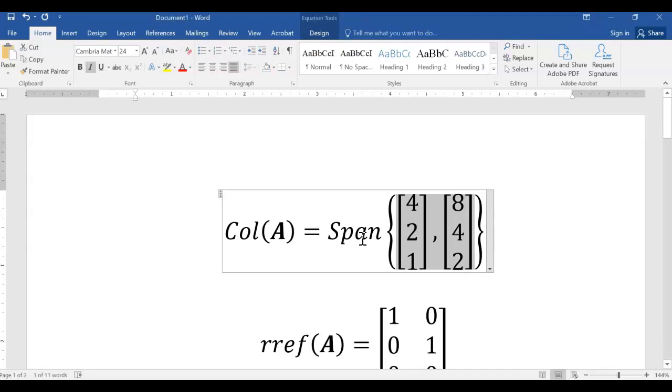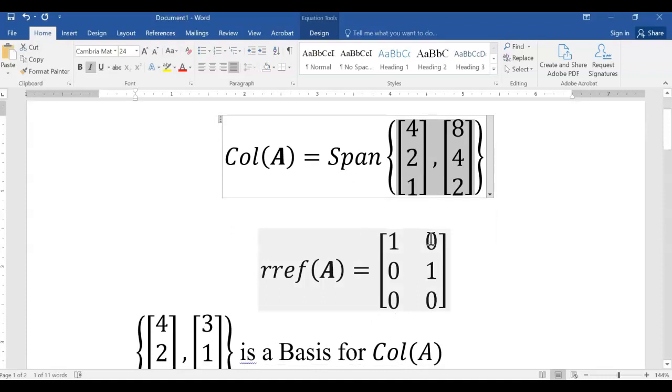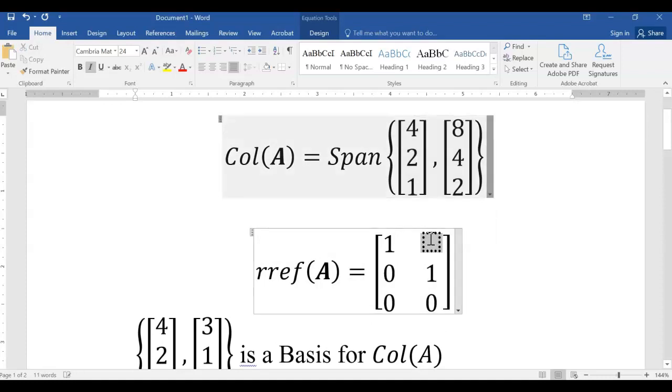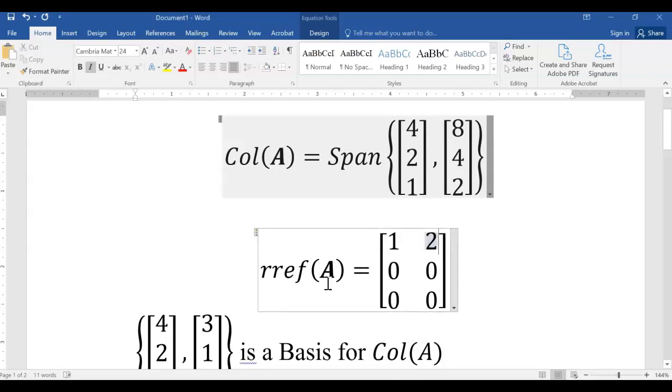However, when you row reduce them, these two vectors are not linearly independent. In fact, they are linearly dependent. And that's because this matrix A row reduces to 1, 2, and then all zeros. So we have a free variable on this second column.